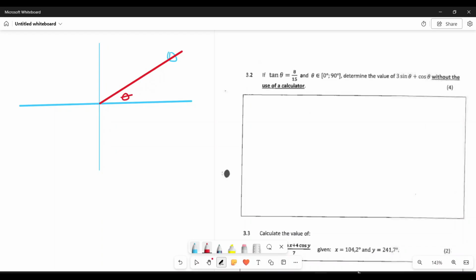Now, they're telling me that I need to determine the value of 3 sine theta. So let me write it here. I need to find 3 sine theta multiplied by sine theta plus cos theta. Now, what will be your first step? Step 1, you need to draw your right angle triangle on a Cartesian plane.